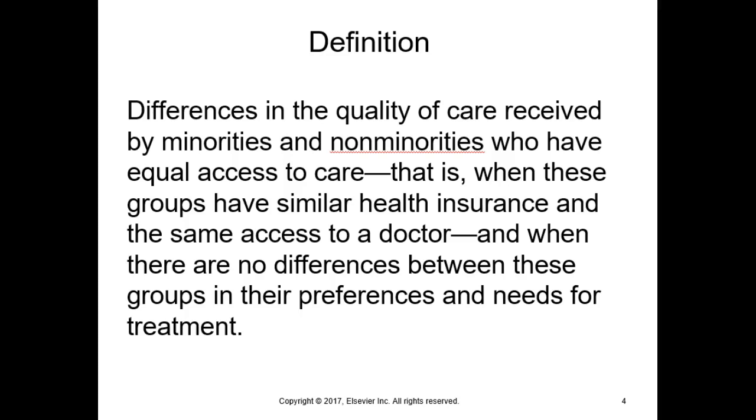Some of your definitions are more towards race and ethnicities, but there's a lot more to it than just that. So I want you to keep an open mind, especially when we look at communities and the needs of the community, and how we can help to eliminate those disparities.